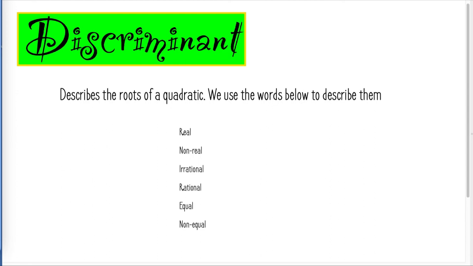That's when the number under the square root is 0 or above. They can be non-real. That's when the number inside the square root is negative. They can be irrational or rational, depending on whether we can take the square root of the discriminant. Then they can be equal or non-equal. And these are the words you need to use when they ask you to describe the roots based on the discriminant.